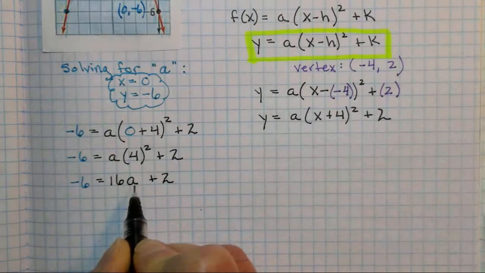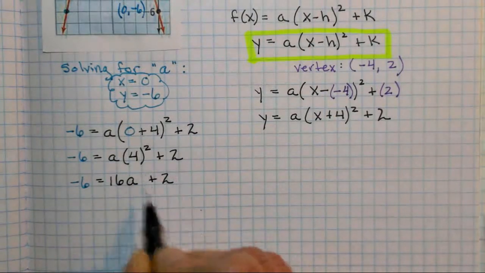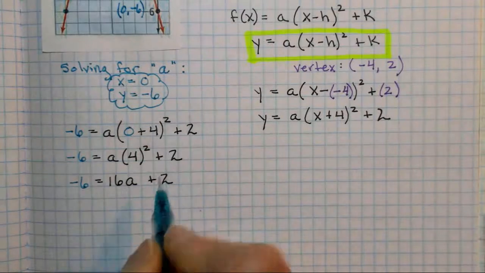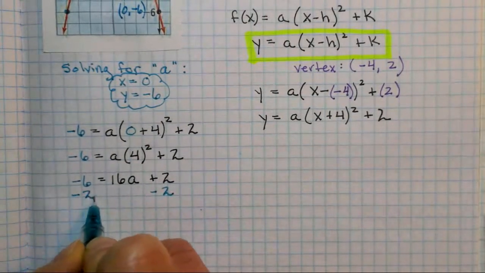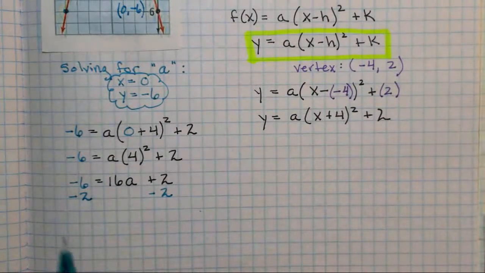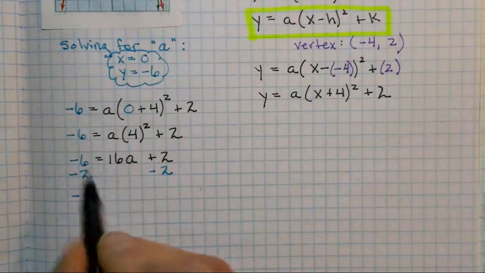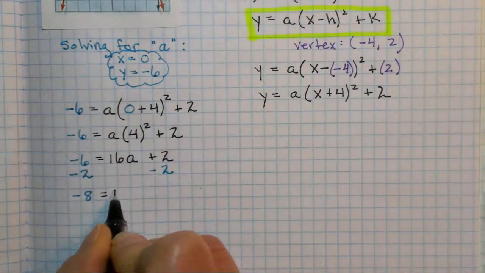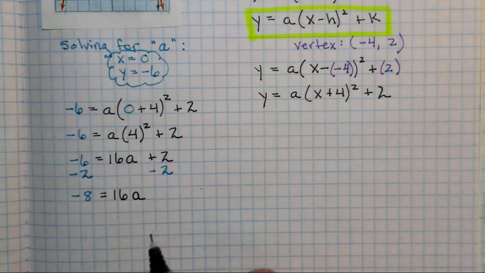Okay, so remember I'm solving for A, which means now I want to get the 2 out of here. So I'm going to subtract 2 to both sides of my equal sign. I get -8 is equal to 16A.